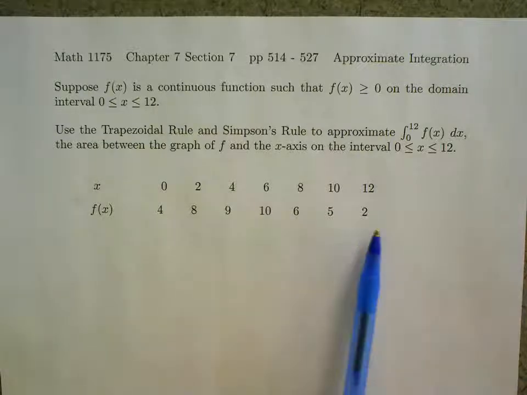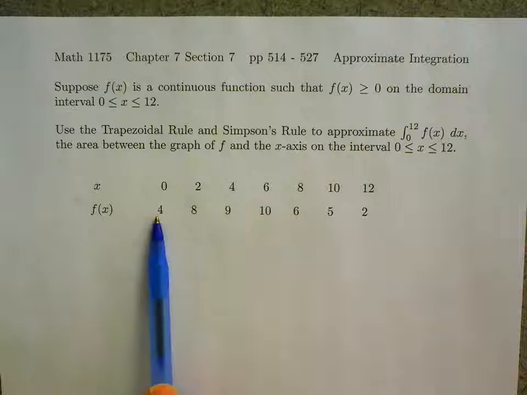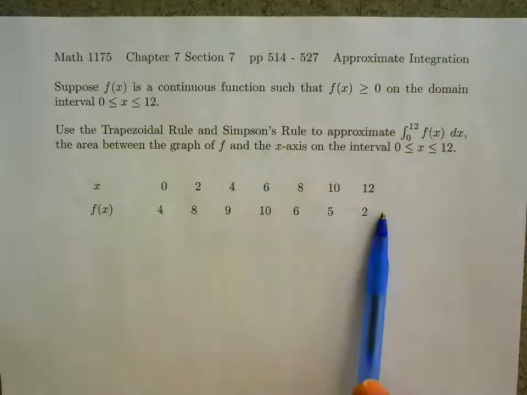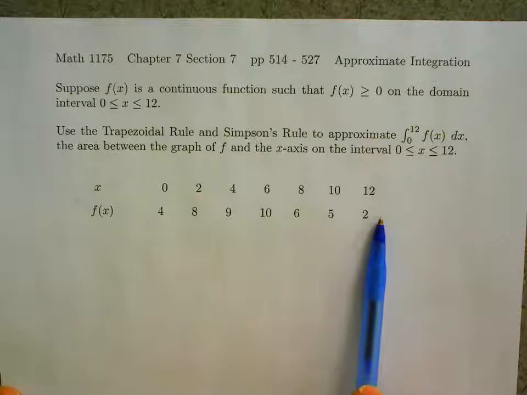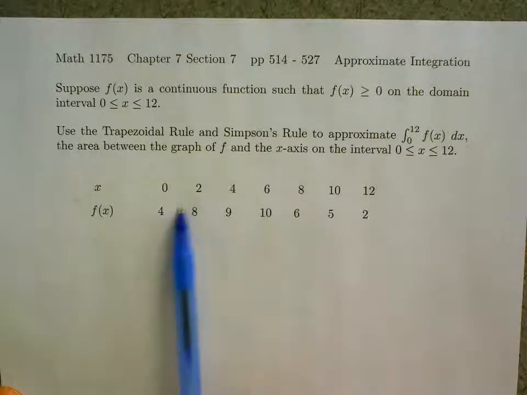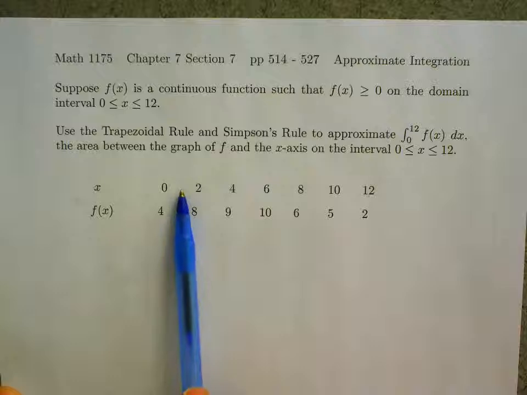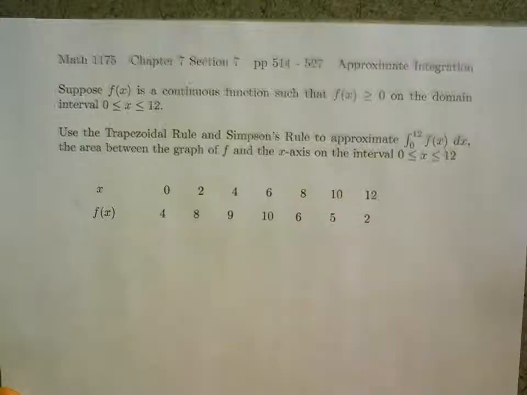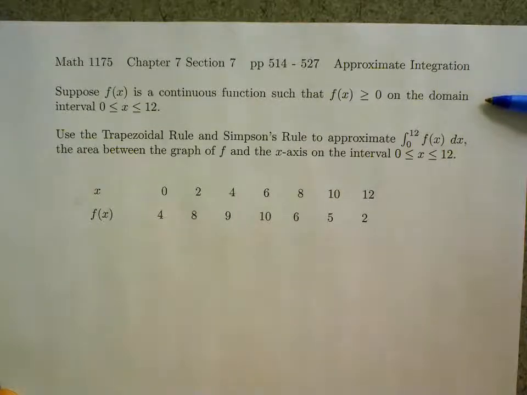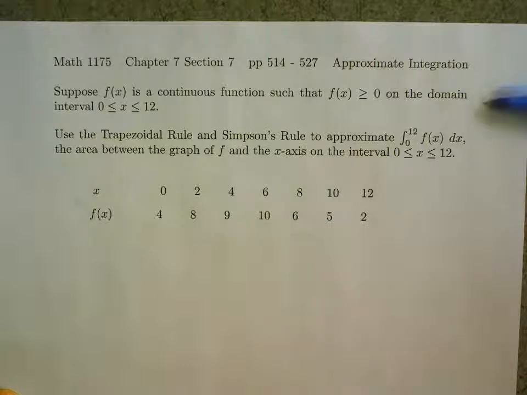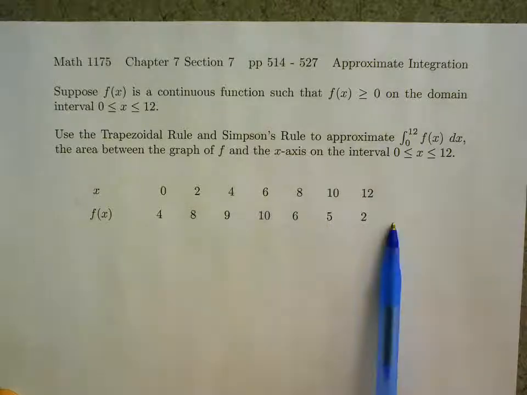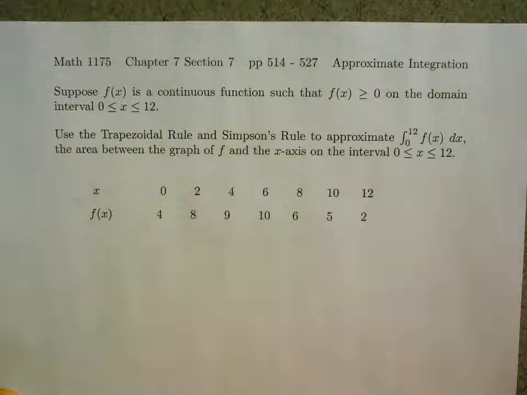Well, I'm a little bit redundant because these function values are positive. But in general that wouldn't necessarily mean that f of x is positive. So the first statement helps us know that what we're trying to approximate is just the area below the graph of f.